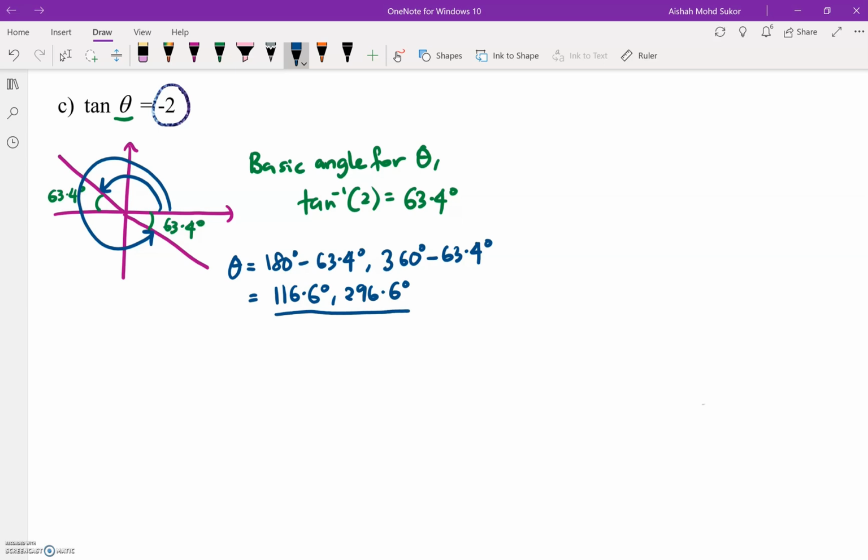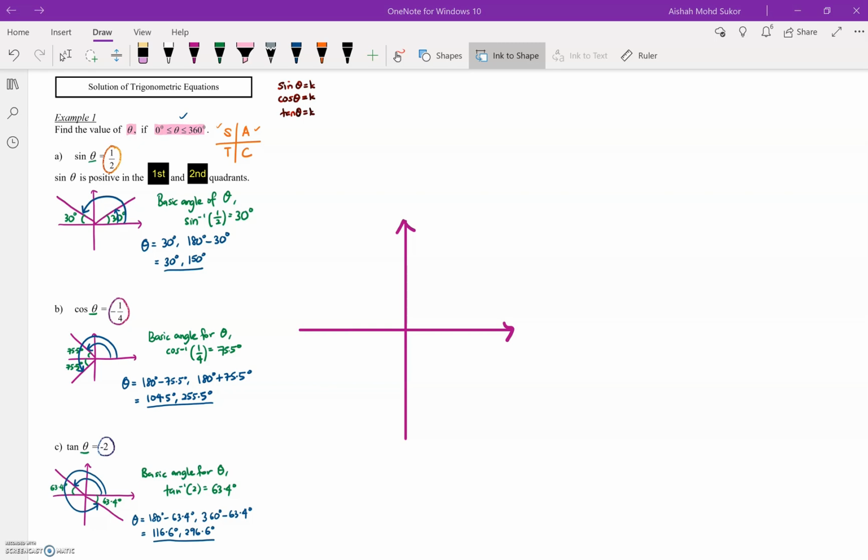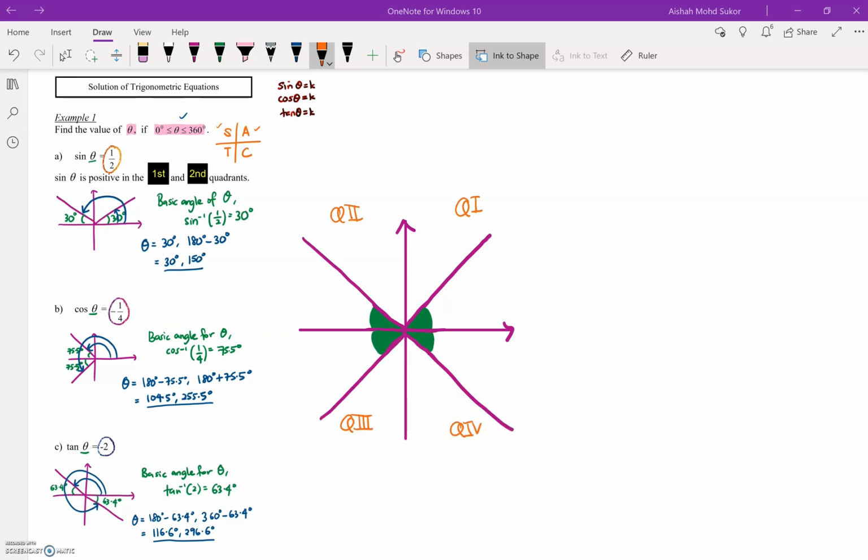So this is theta from 0 to 360 degrees. From example 1, we can see that the basic angle is the angle between the line and the x-axis. So this is the basic angle for the first, second, third, and fourth quadrants. And it looks like a butterfly.